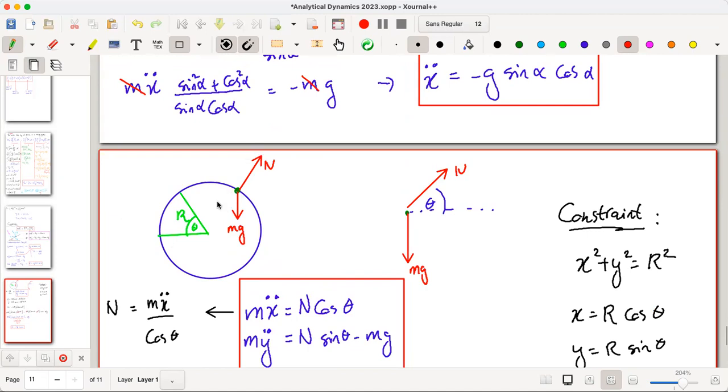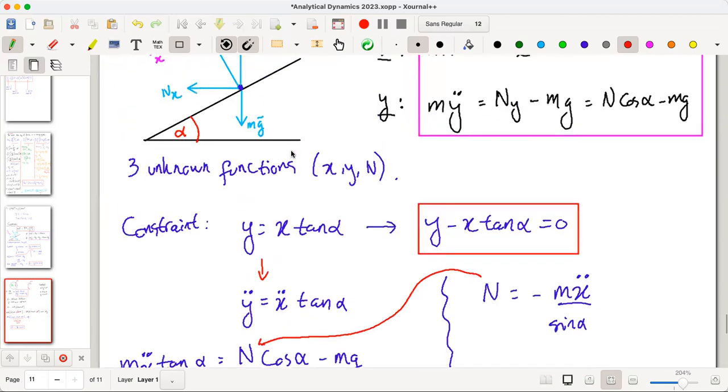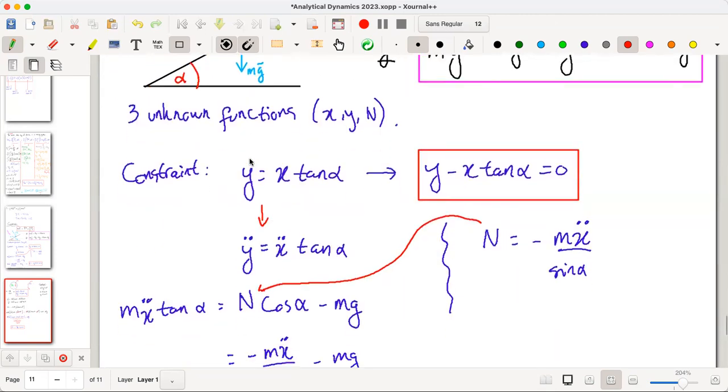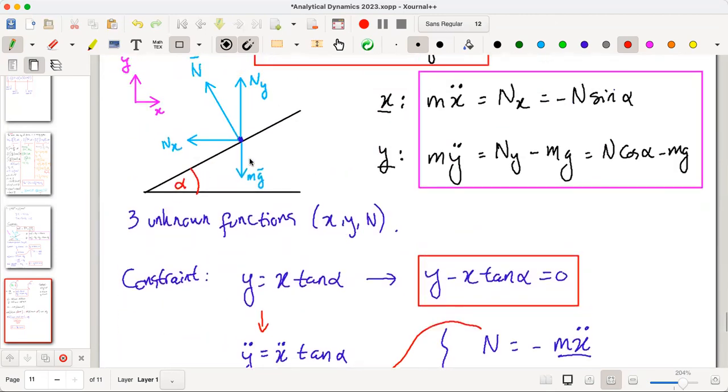Suppose that it can jump off the circle, then there will be no more normal force. The same thing happens here. If the particle is not required to move along the inclined plane, then the normal force is 0. So in both cases, the normal force acts as a constraint force.